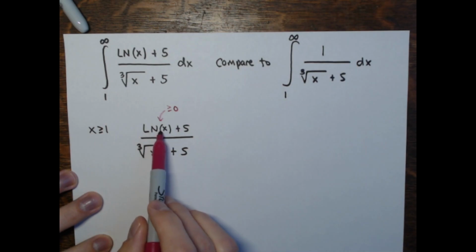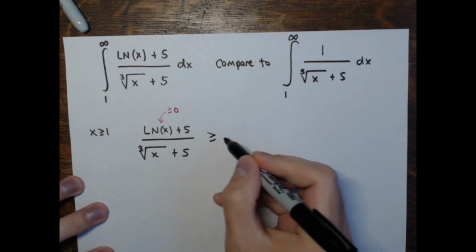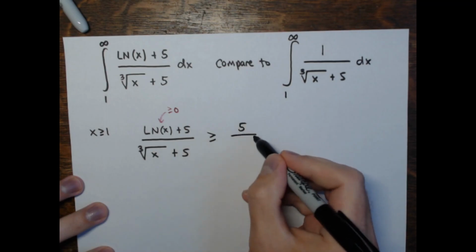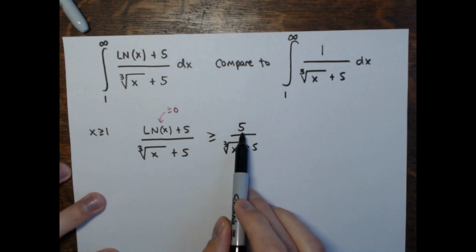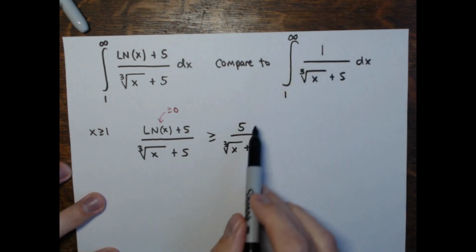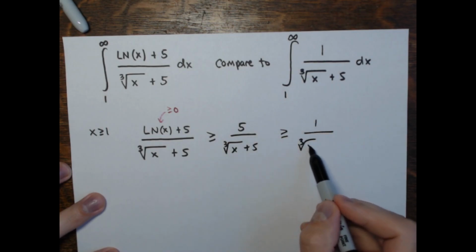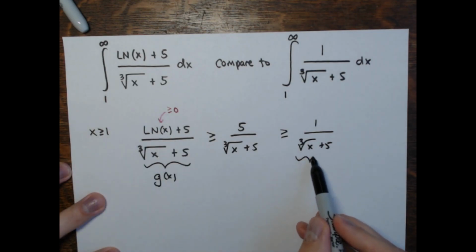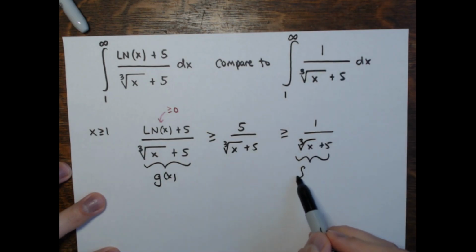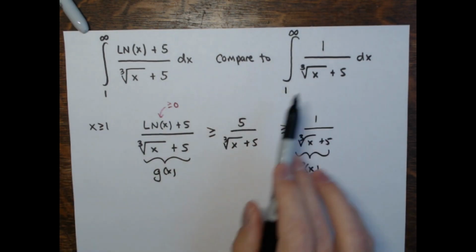So if I get rid of this, it's going to make the fraction smaller. So this fraction should be greater than or equal to just 5 over the cube root of x plus 5. And then if I turn 5 into 1 here, 5 is bigger than 1, so this fraction will be bigger than 1 over the cube root of x plus 5. So the larger function, which I'll call g, is our original integrand, and the smaller function, which I'll call f, is the integrand of the thing we're supposed to be comparing to.